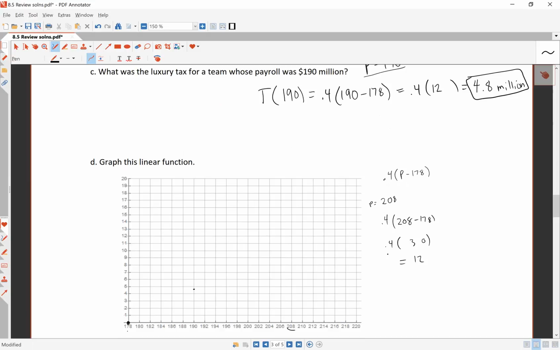And that's going to be 12 million. If I can get a line to go through all three of these, then I know it's great. Pretty close.